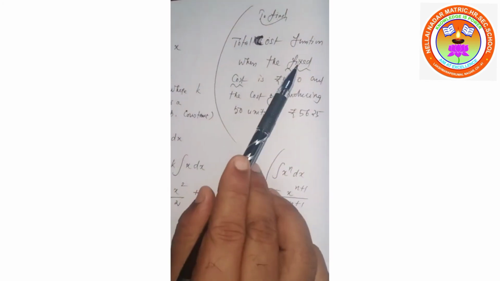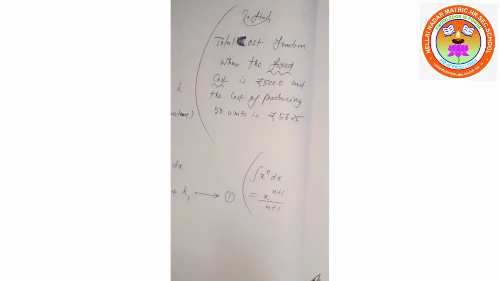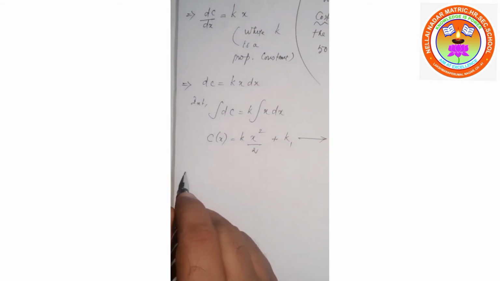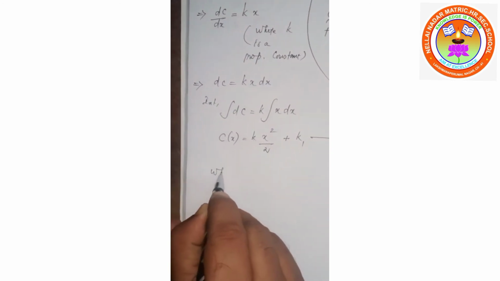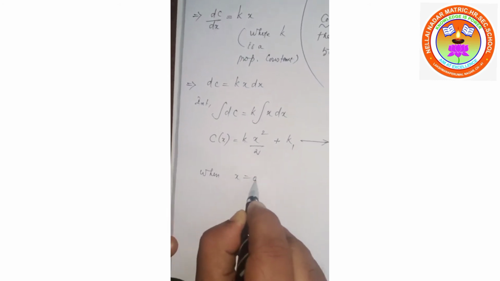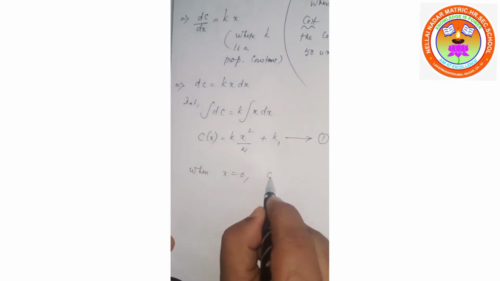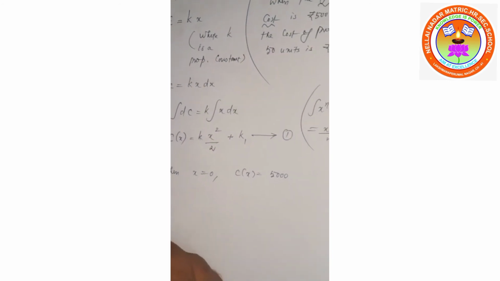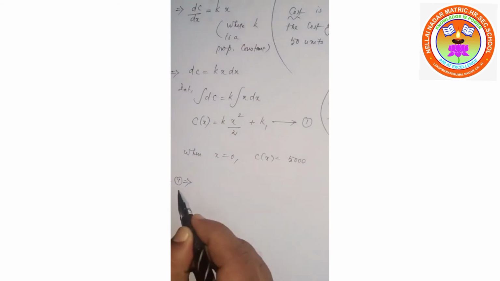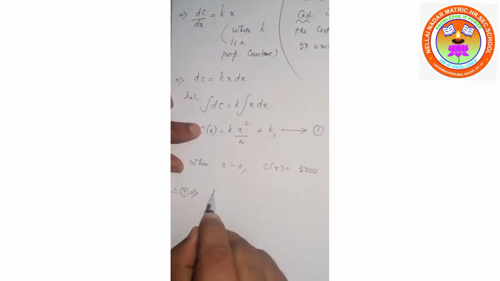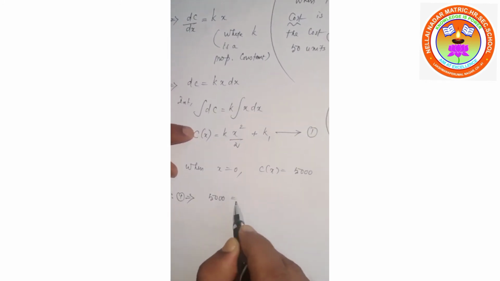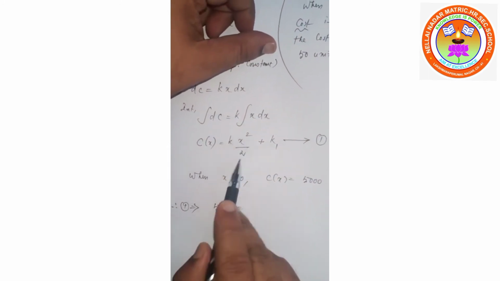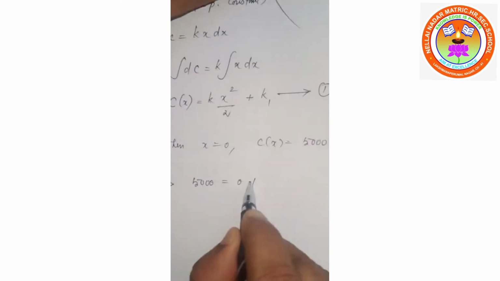First condition, fixed cost is 5,000. So by data, when fixed cost is given, you have to consider x as 0. When x equals 0, C of x equals 5,000. Therefore, equation 1 implies C of x equals 5,000, which equals, x replaced by 0, 0 squared is 0, 0 into anything is 0, plus k1.